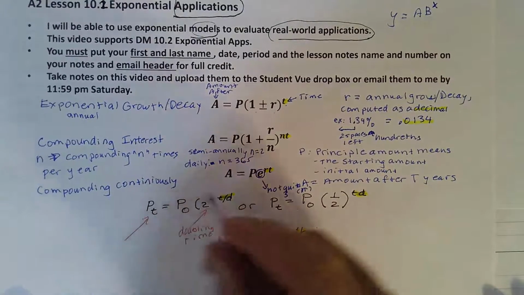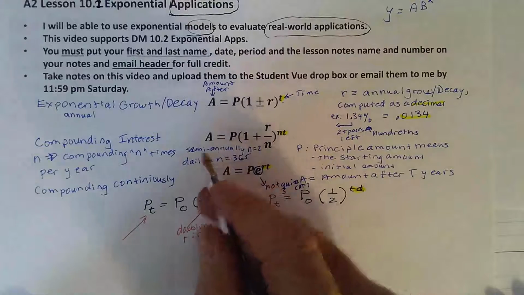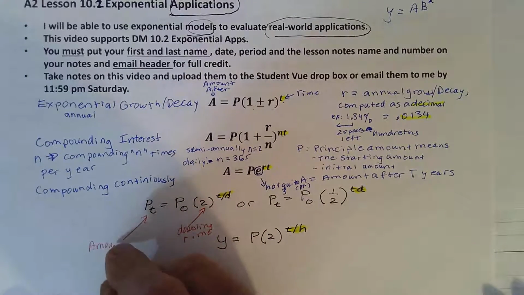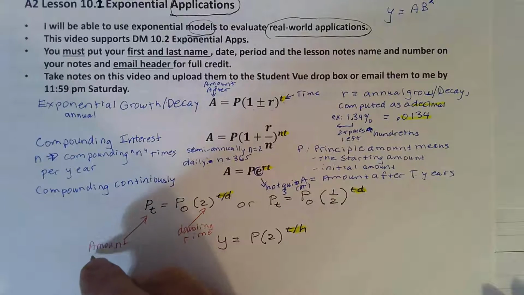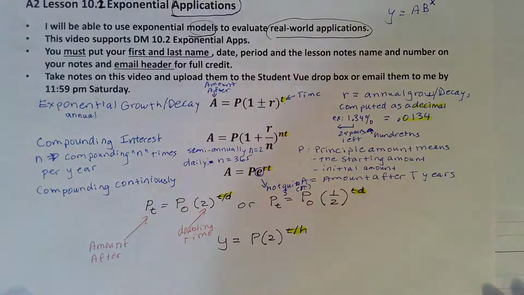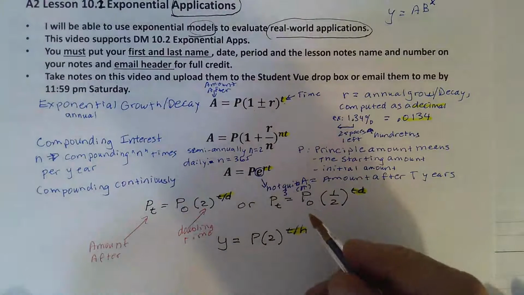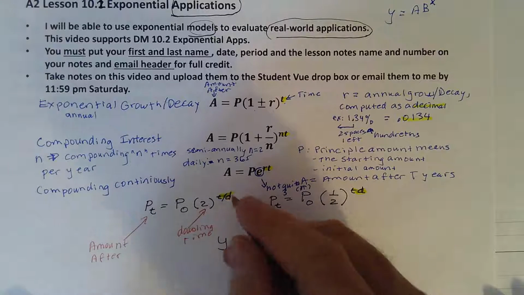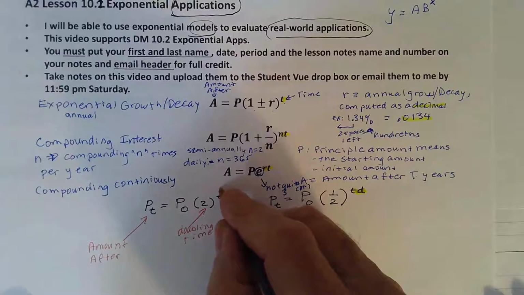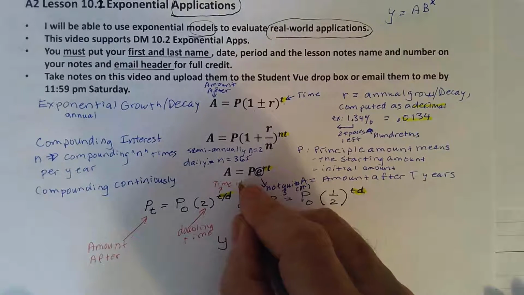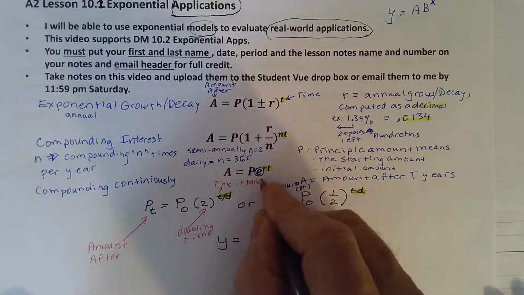And P of t functions the same way as A. This is the amount after time has passed, so the amount you're left with. T of d is the time it takes to double.